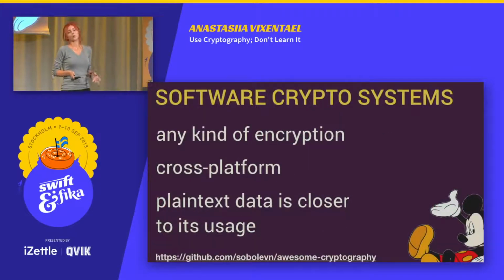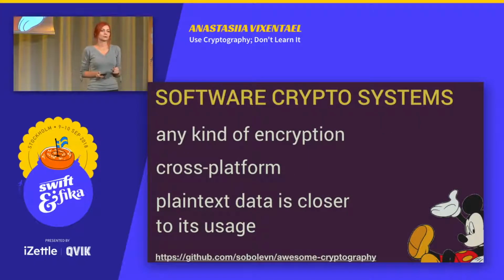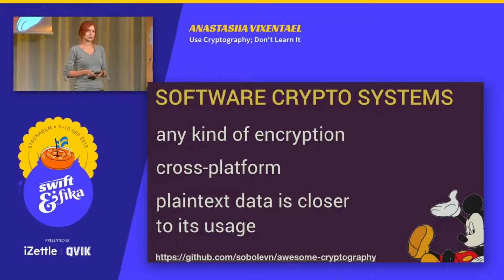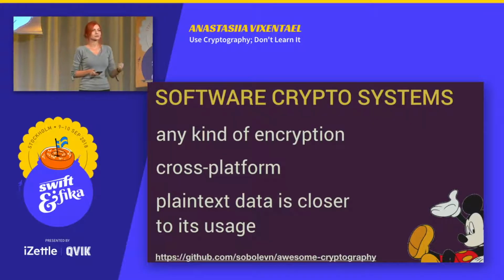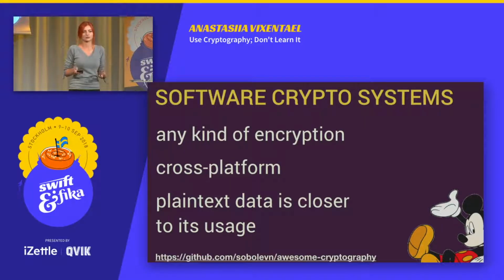So, when we lower the paranoia level a little bit, we get to software cryptography. This is what you think of, maybe, when we are talking about cryptography, right? About software. It's not so bad. Flexible, friendly, available for your languages and ecosystems.